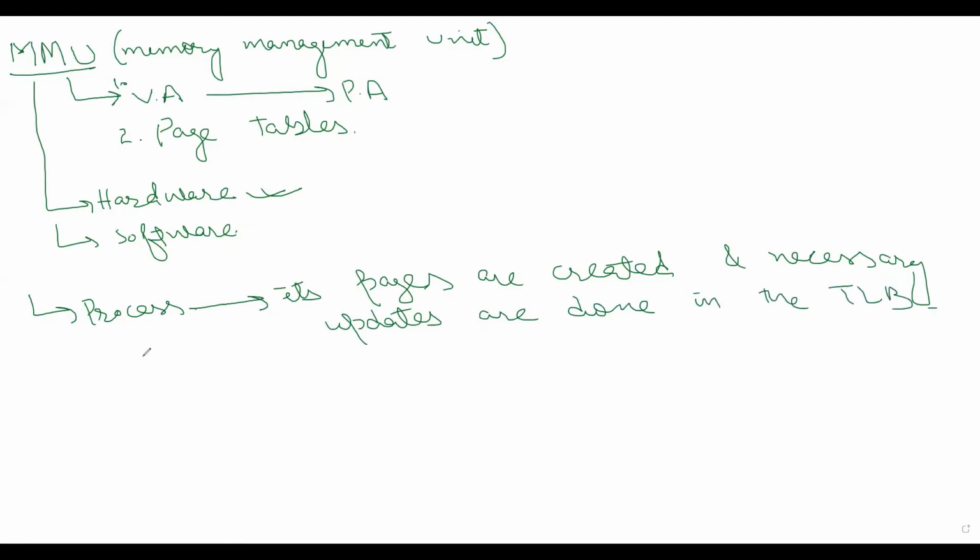That means if some process was already running, then the entries related to the previous process in the TLB are freed. Now we have to put new data in the TLB. Fine. Whenever explaining this MMU, we will consider that every process has a two-level paging technique.